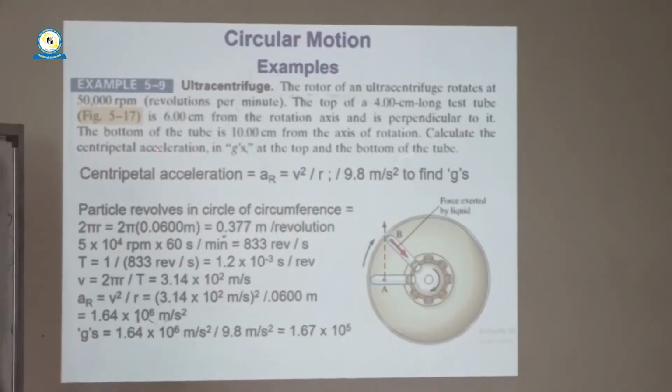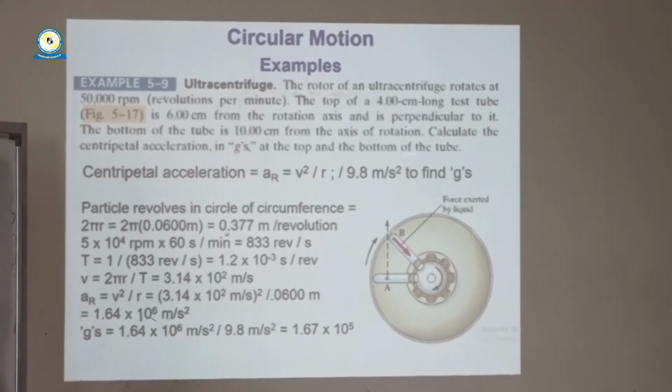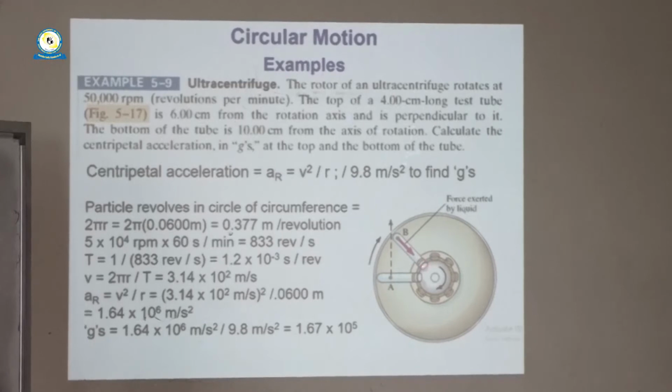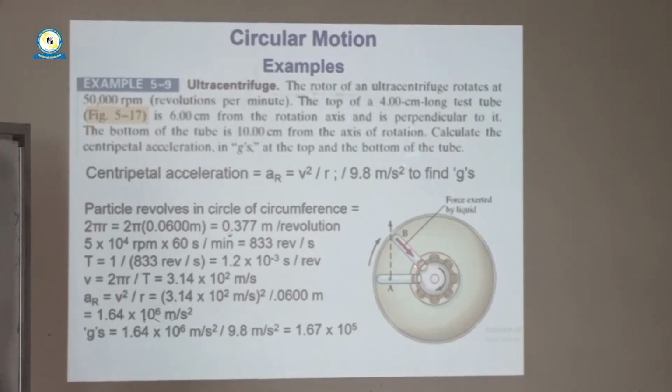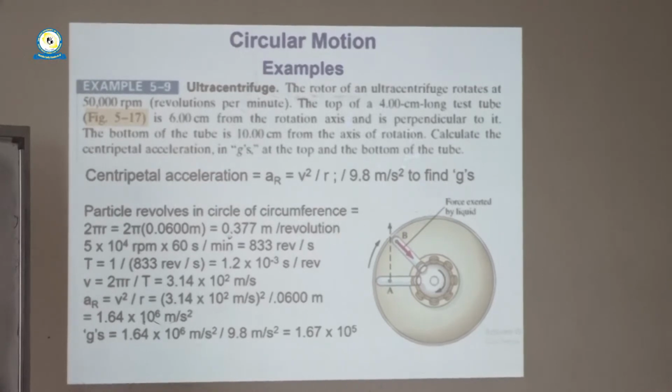Calculate the centripetal acceleration in g's at the top and the bottom of the tube. At the top, from here to there, and from here to there, 2 cases.